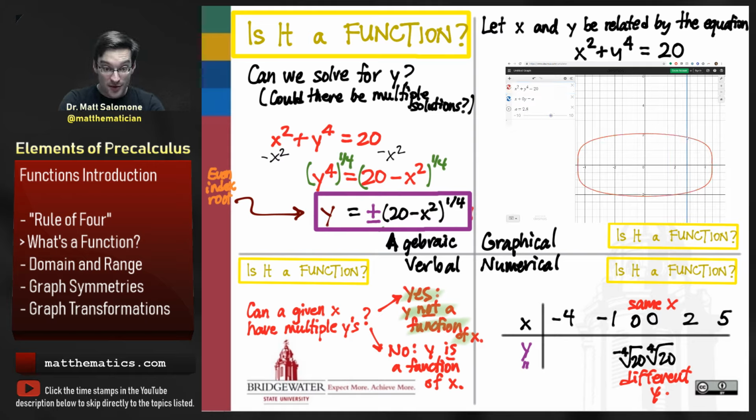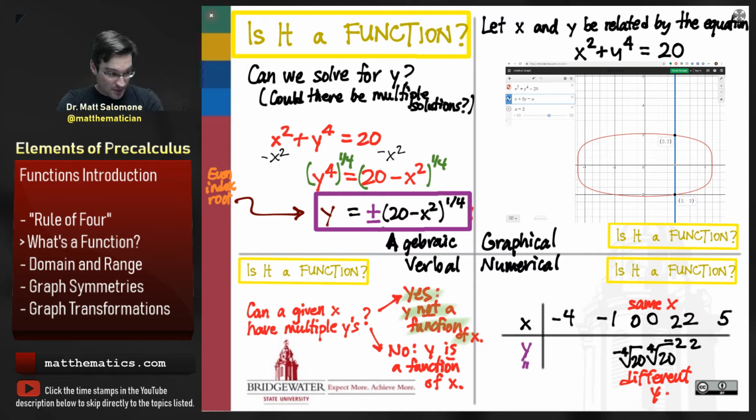It intersects it twice, once up here on the top and once down here on the bottom. Right? So for example, if I pick x equals 2, then the vertical line that we call x equals 2 intersects at y equals 2, but it also intersects at y equals negative 2. Okay. And so again, same value for x, two different values for y. And that's the giveaway that y is not a function of x in this relationship.